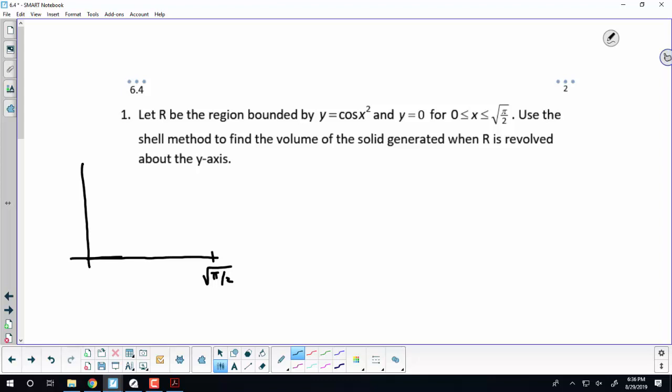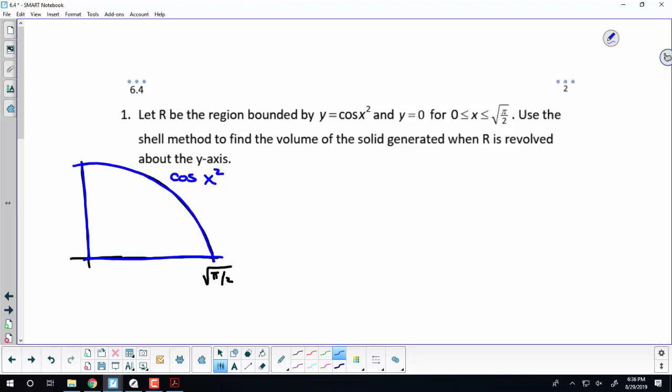It looks something like this on the interval from 0 to root pi over 2. I'll highlight this a little differently. It's the cosine of x squared. So they're saying the line y equals 0, that function, and an x value of 0. Let me make sure I have that right. Yeah, and root pi over 2.